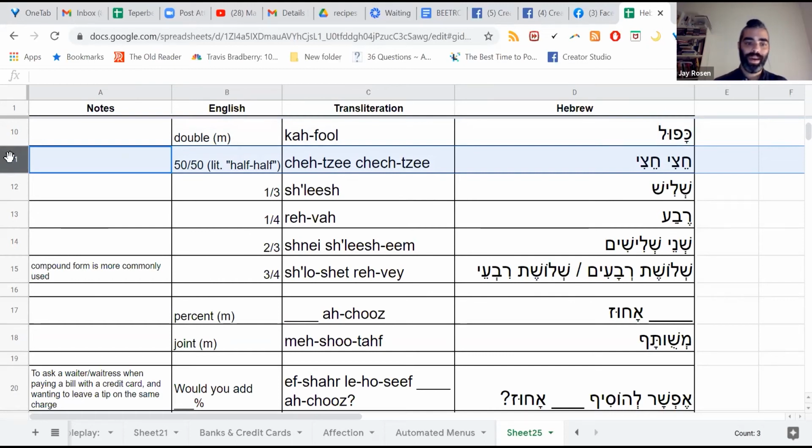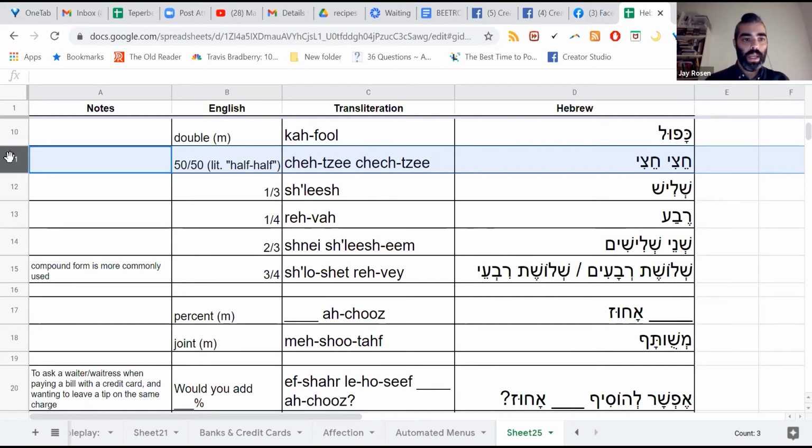Chetzi is half, chetzi, chetzi is the same thing as 50-50, okay? This is basically the equivalent of 50%, but if you want to say split in half, or anything is 50-50, it's chetzi chetzi in Hebrew.